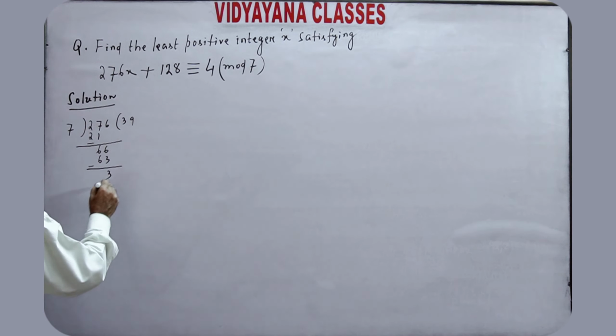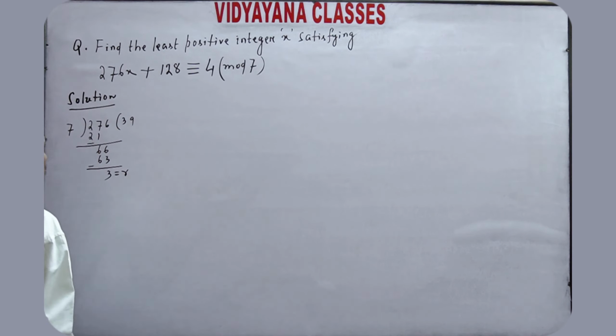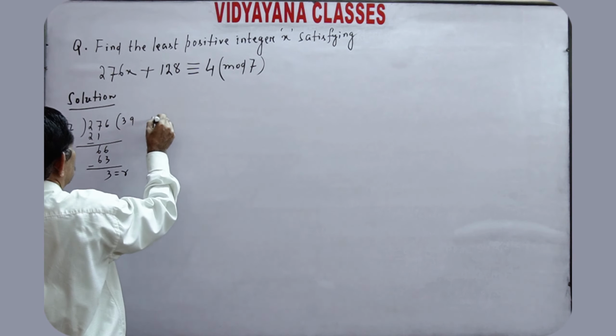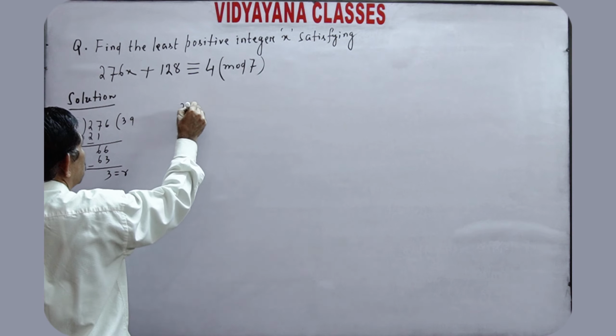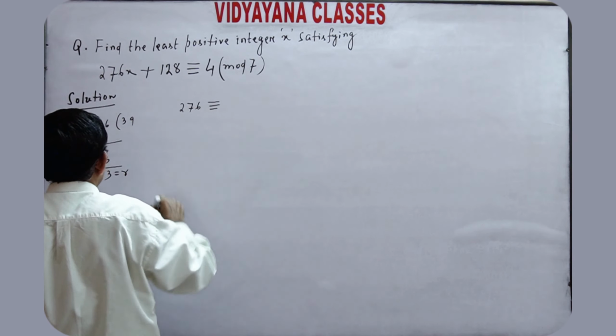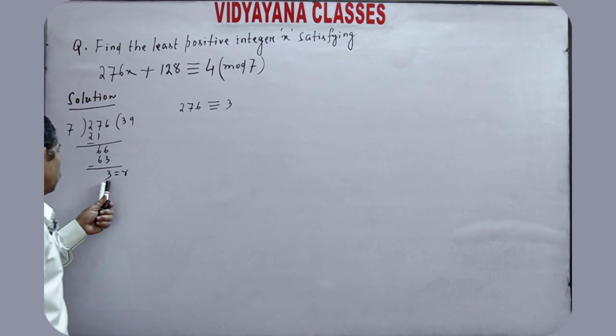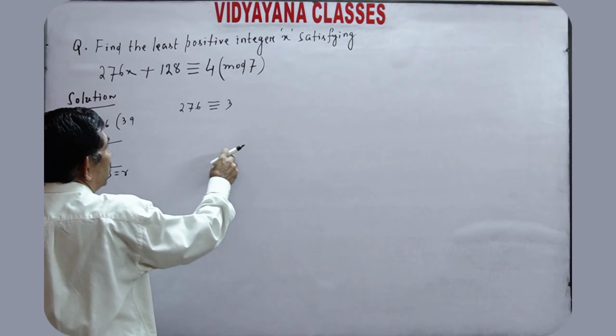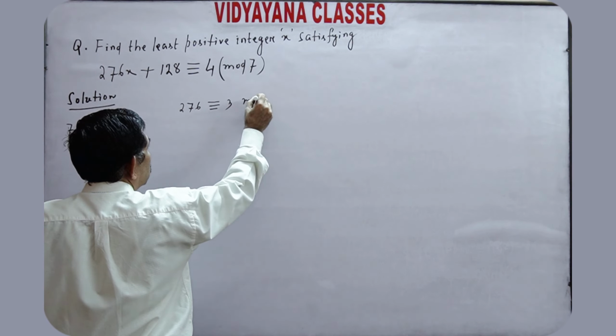The remainder r is equal to 3. 276 is congruent to 3, since the remainder is 3. 276 minus 3 is divisible by 7.